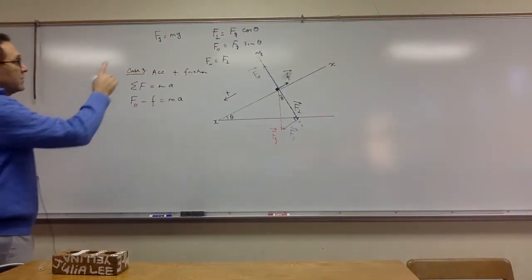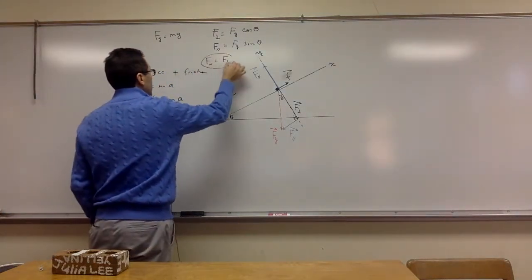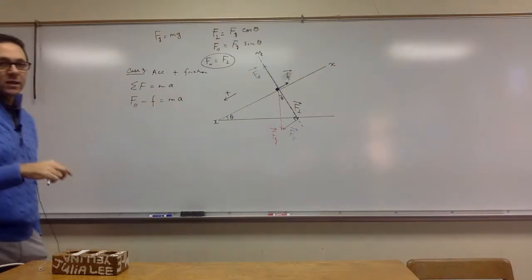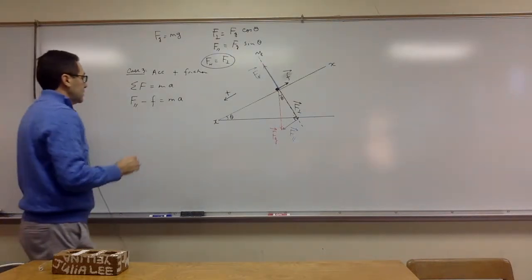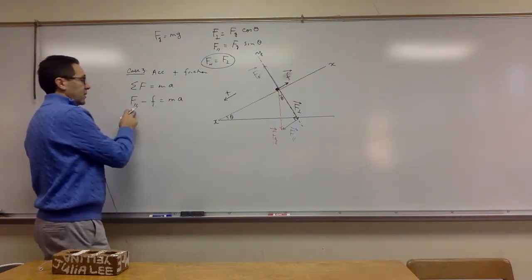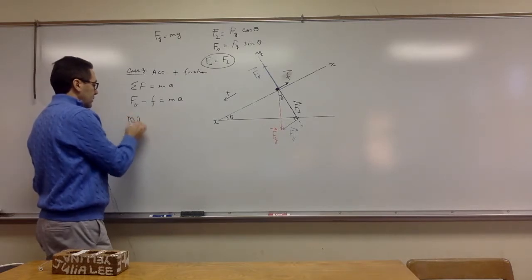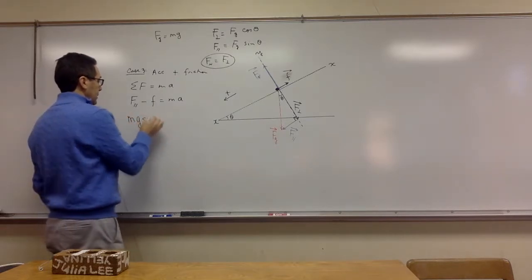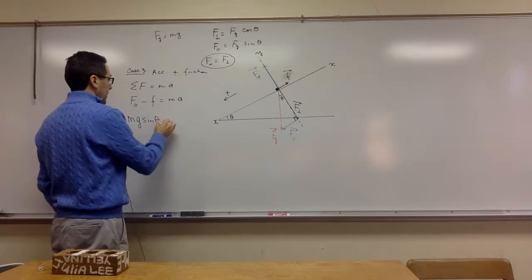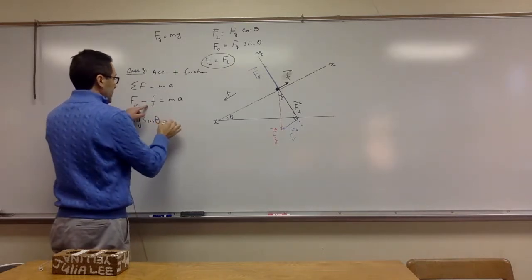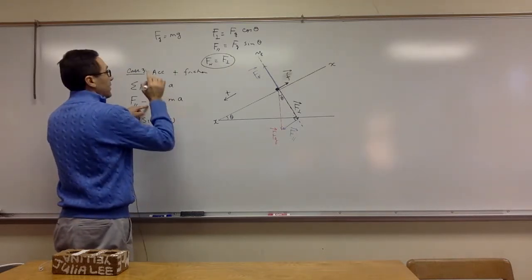Okay, and you still have the other statement. This is going to be true all the time, no matter what you're doing, accelerating, not accelerating, it's always there. The parallel is mg sine theta, minus the force of friction, which is mu Fn.